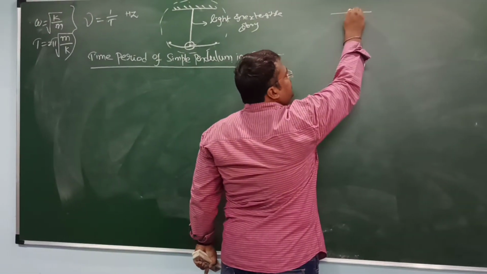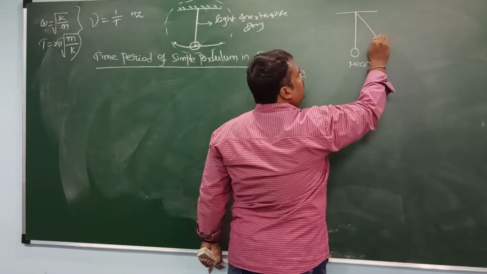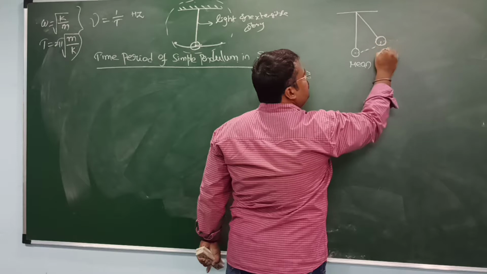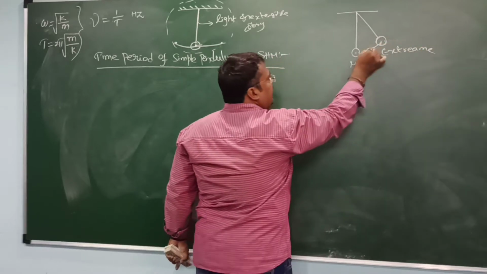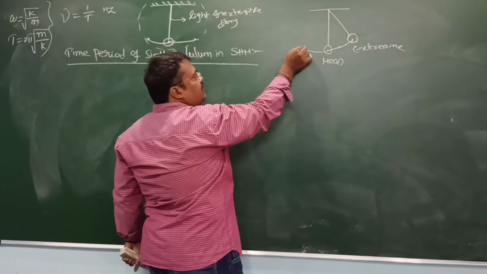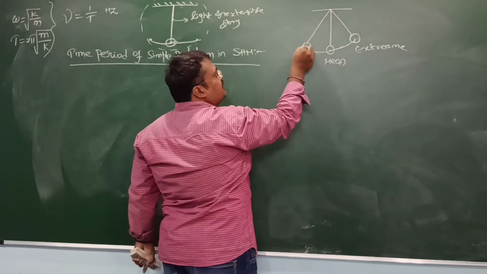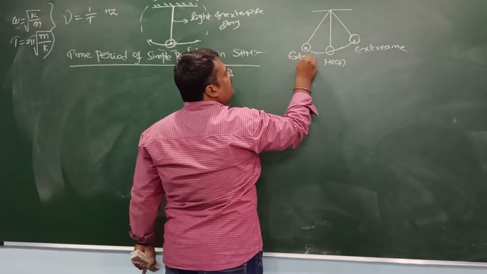When you try to disturb it, it will reach one of the extreme positions, like this. Again it will come back, again it will move to the other direction. This is another extreme position.